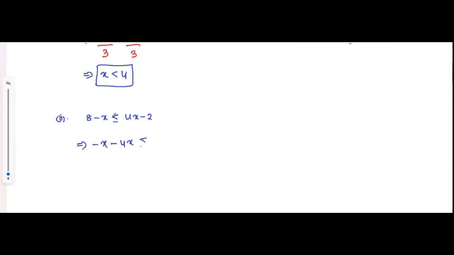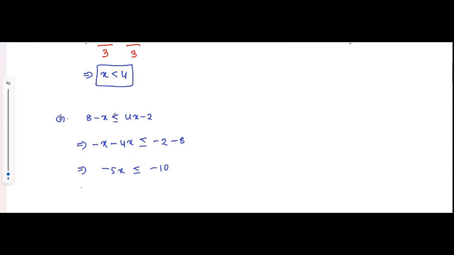So that implies minus x minus 4x is lesser than or equal to minus 2 minus 8. So this 8 went to the RHS, became minus 8. This 4x went to the LHS and became minus 4x. So that implies minus 5x is lesser than or equal to minus 10.